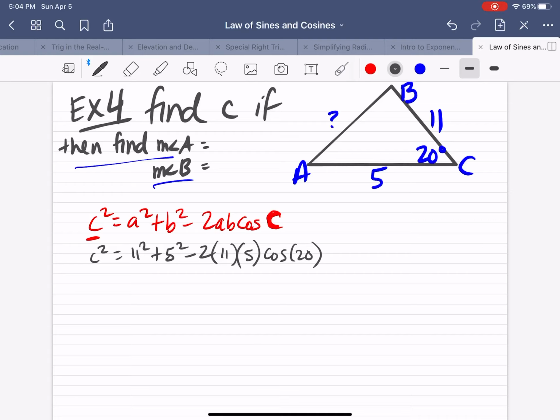We have to get the c by itself. This problem is pretty straightforward. To get the c by itself, you have to get rid of the square, so you square root both sides. You put all of that in the calculator, and you are done. This one's a pretty easy problem. Let me put this in the calculator and see what the answer is.